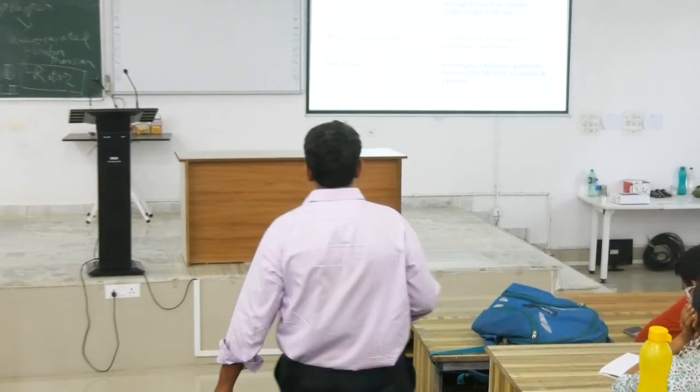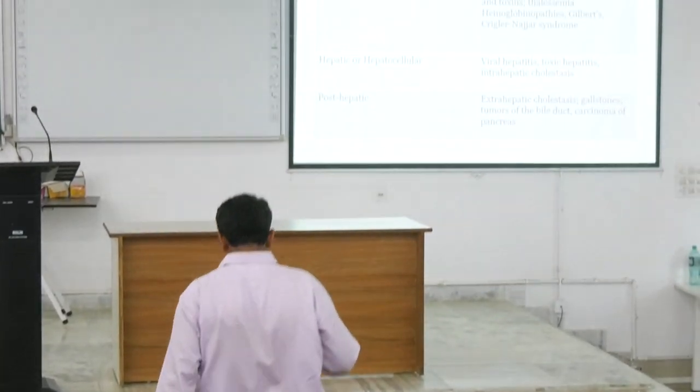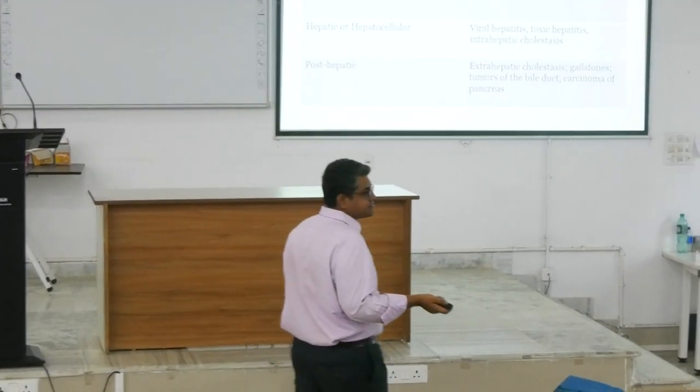Okay? Then you have hepatic or hepatocellular jaundice. Viral hepatitis, mainly hepatitis A, B, C, D and E. Which hepatitis are waterborne? Hepatitis A. The rest are bloodborne. Okay?